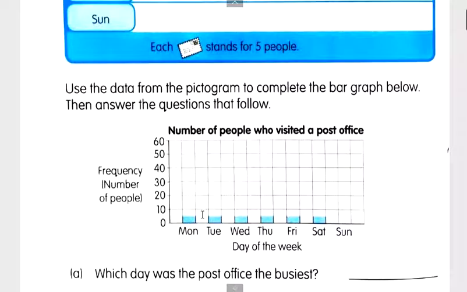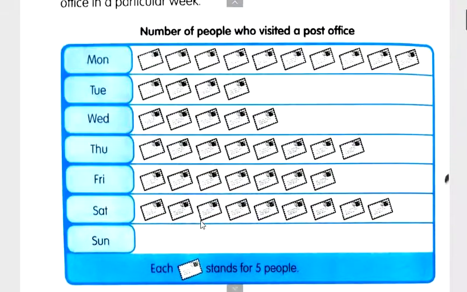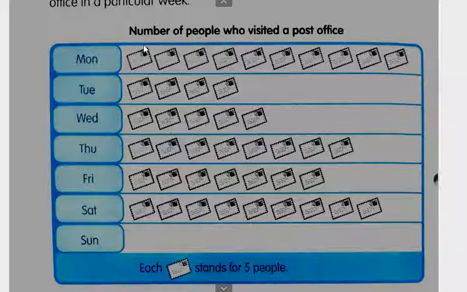Look at Monday. How many envelopes are there? Each envelope represents 5, and how many envelopes are there? 1, 2, 3, 4, 5, 6, 7, 8, 9, 10. So it is 5 times 10 equals 50.